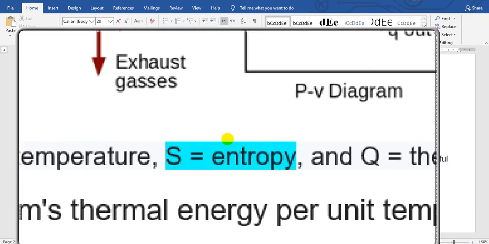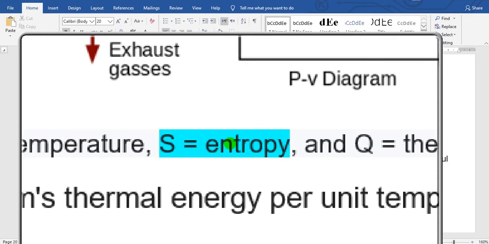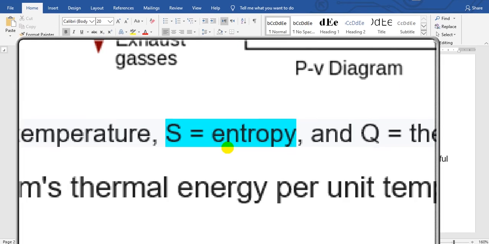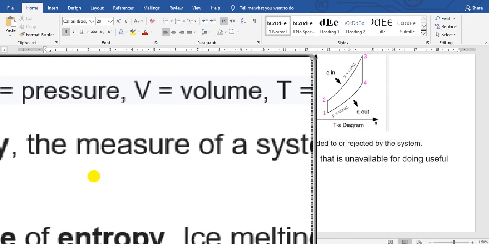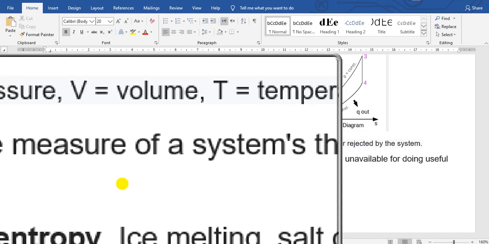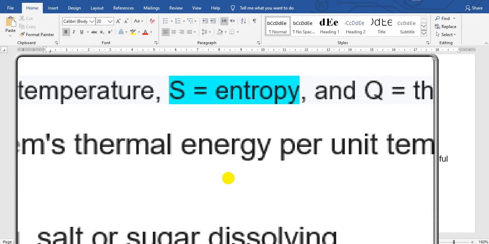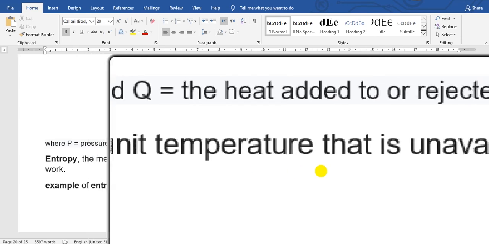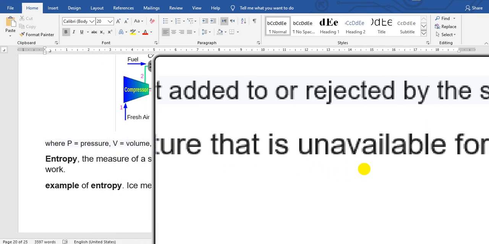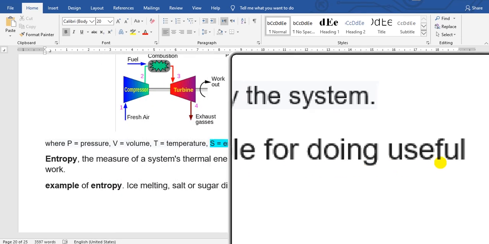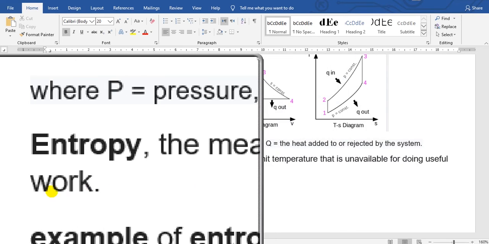I give you an easy example for entropy. What does entropy mean? Entropy is the measure of system thermal energy per unit temperature that is unavailable for doing useful work.